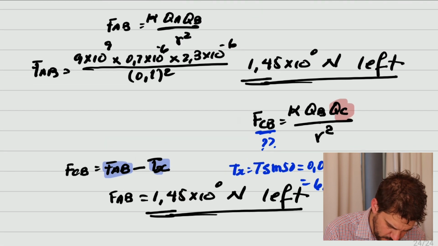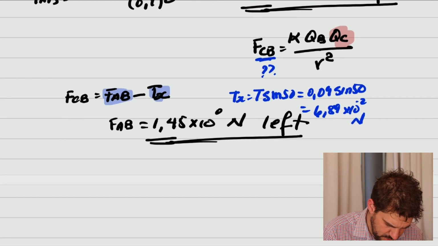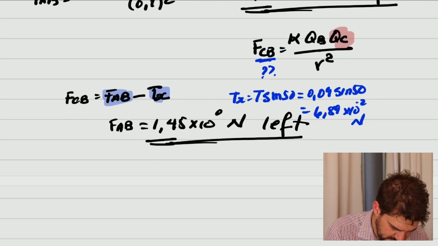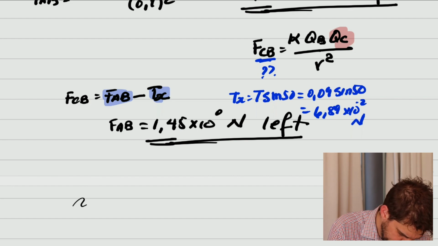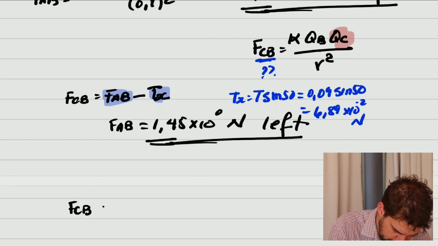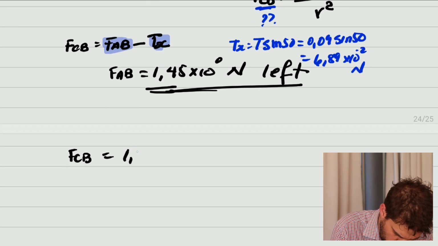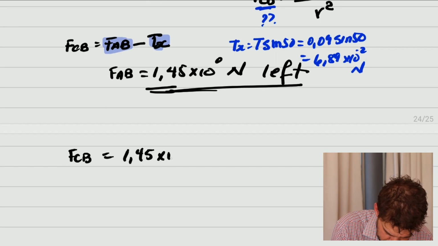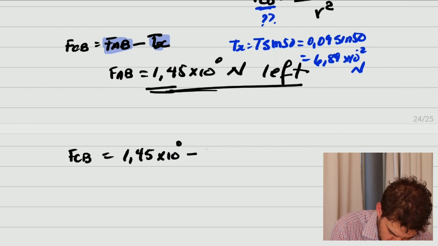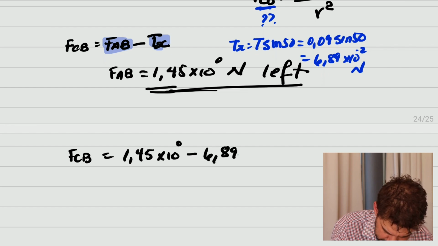So on a new page, we can calculate now the force from C on B. FCB is equal to 1,45 times 10 to the 0 minus 6,89 times 10 to the minus 2.